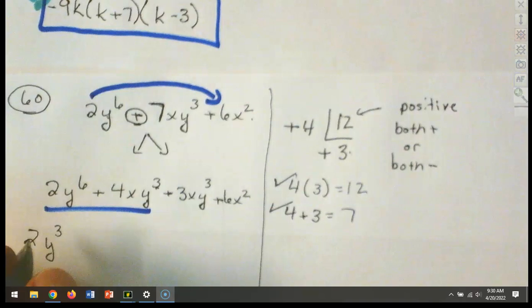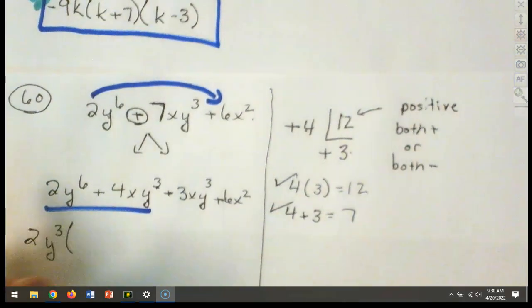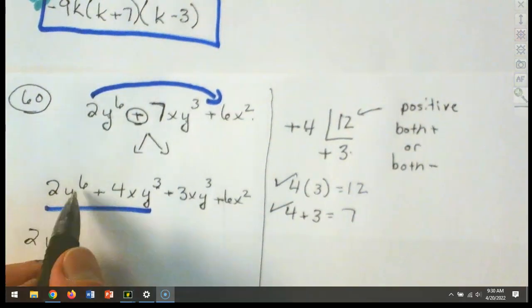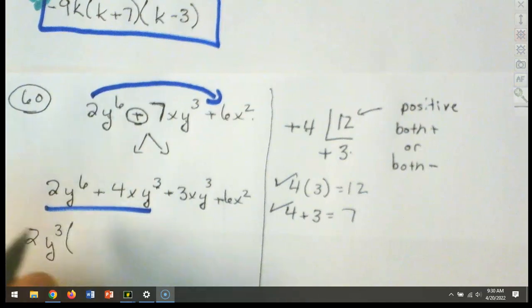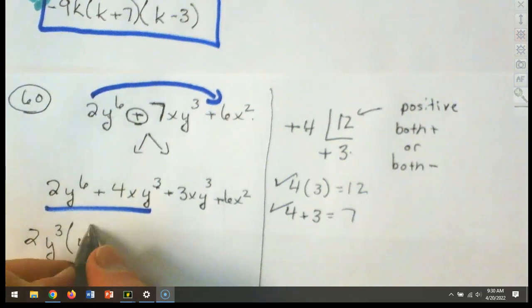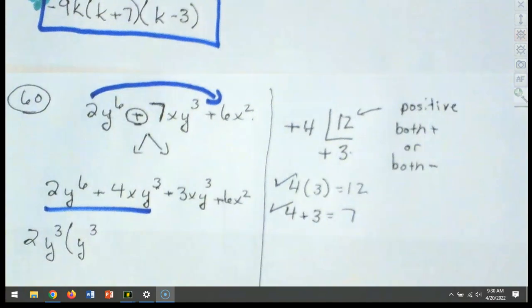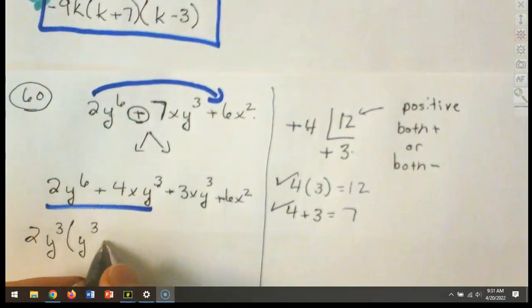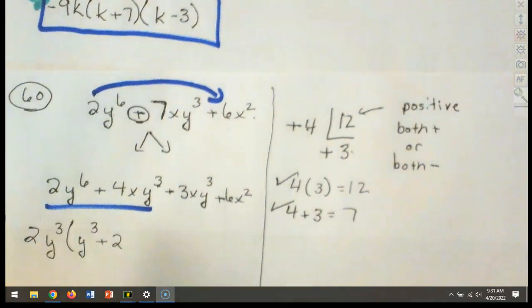When I take out that 2y cubed, that leaves you with, 2's are gone, y to the 6th, take out 3, power subtract, so that leaves you with a y cubed. 4 divided by 2 is a 2. Nothing cancels with that x, so that x stays there. So inside my parentheses should be a y cubed plus 2x.